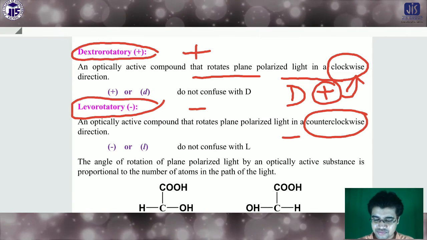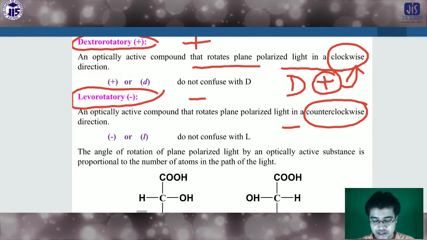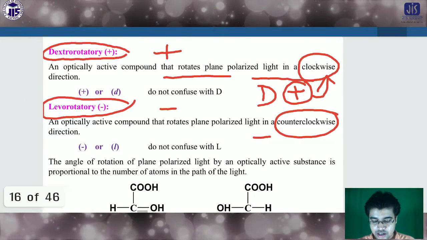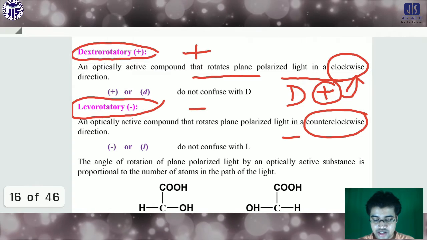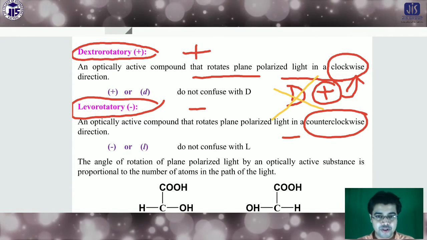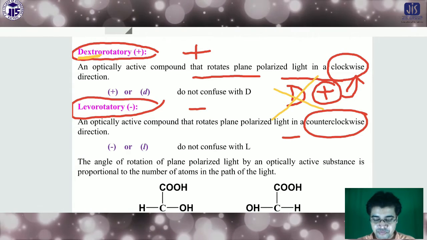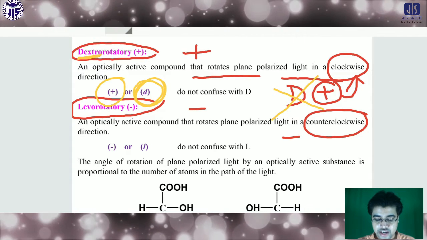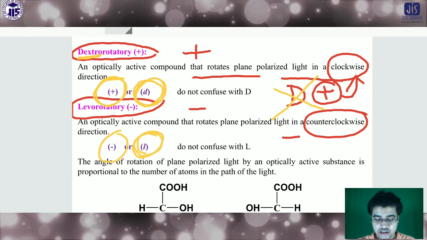Now there is one important thing here: do not confuse this D. Though dextro starts with a capital D, you have to use the small d and the plus sign here, and for levorotatory either a small l or the negative sign.